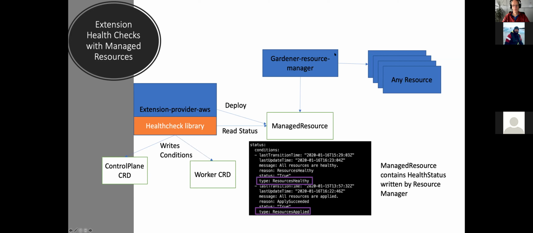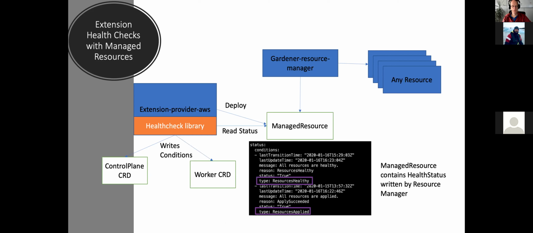And the Gardener resource manager basically is also an indirection here and already writes basic health check conditions itself, like resource healthy or resource applied. So the Gardener resource manager performs its basic health checks here, and the extensions, with the use of this extension health check library, can already understand these conditions of the managed resource, check if the managed resource itself is healthy and contribute that back. And eventually also write to the worker or the control plane CRD.